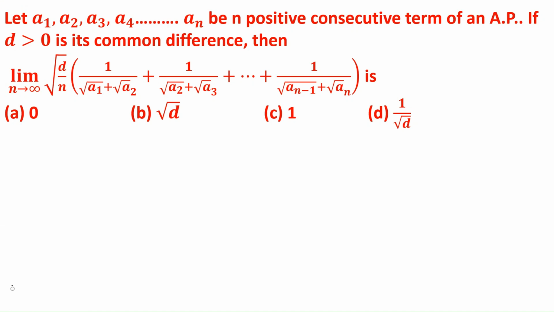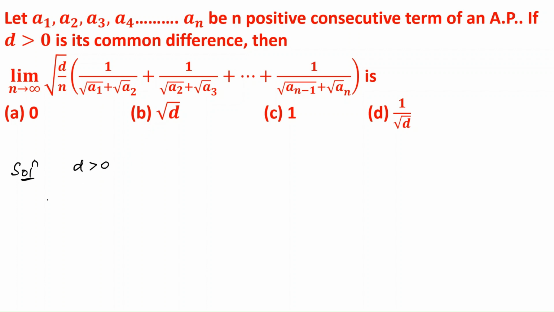We are given a1, a2, a3, ..., an, n positive consecutive terms of an AP, d greater than 0. Here d is our positive.